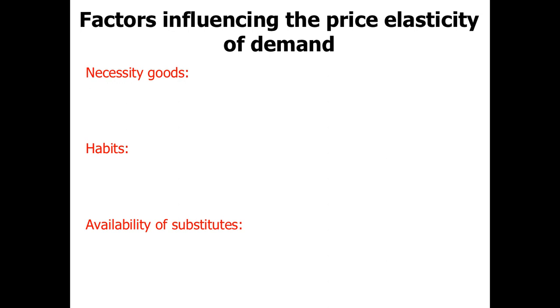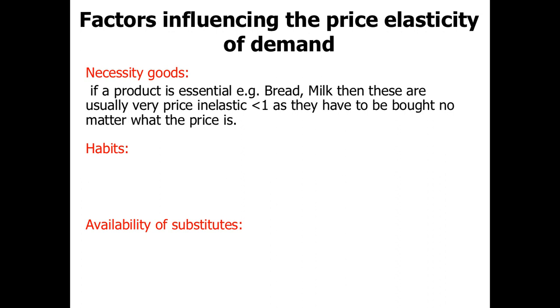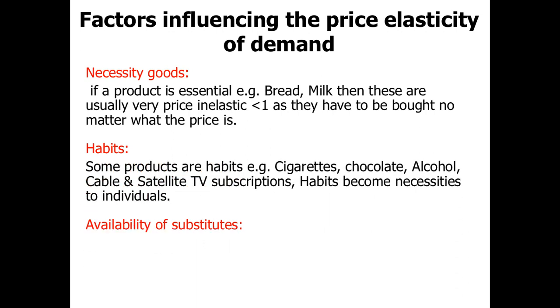You've just got to go, well, does my business actually fit into any of these descriptions? So necessity goods tend to be very price inelastic as they have to be bought no matter what the price is. Habit forming products are also very much of the same thinking because people just find that they have to have them.